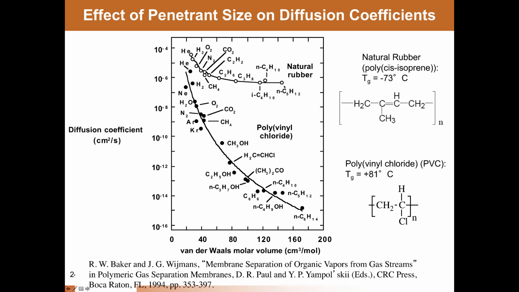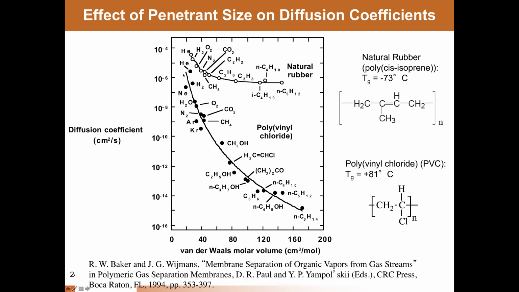butane and pentane. In polyvinyl chloride, which is a glassy polymer at room temperature, this would be the material that you would know because the plastic water pipes that are ubiquitous in homes and businesses are made out of polyvinyl chloride. And so this is a rigid plastic material.